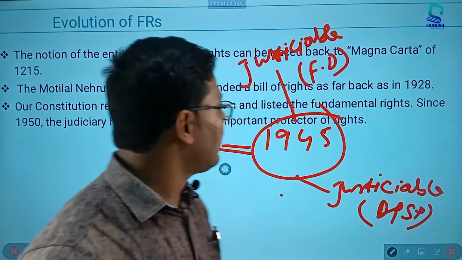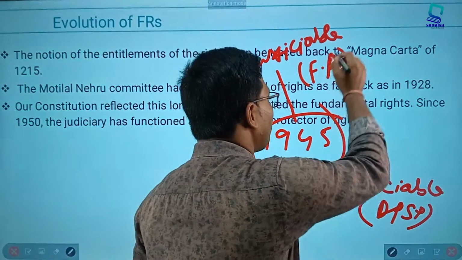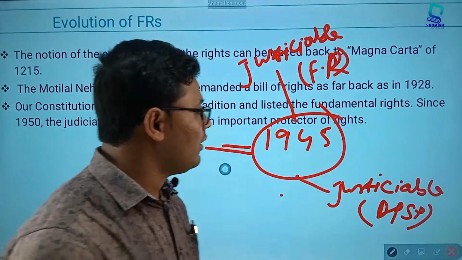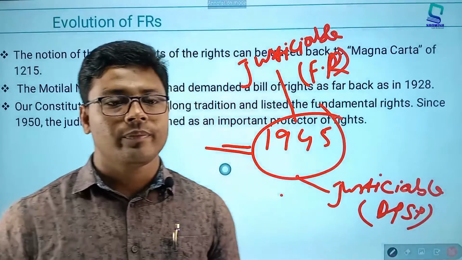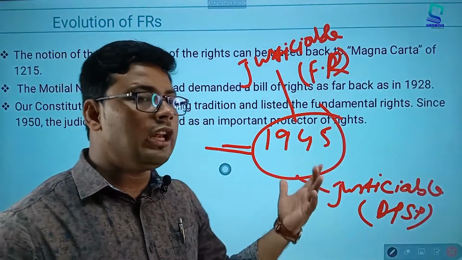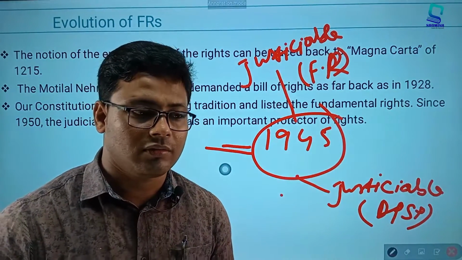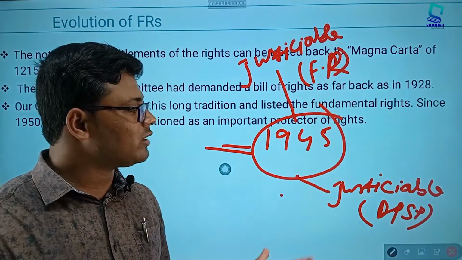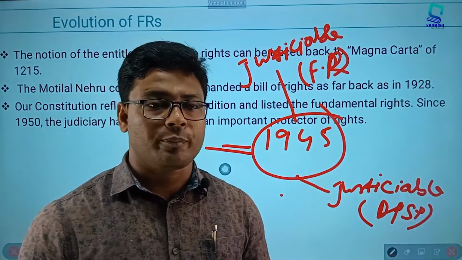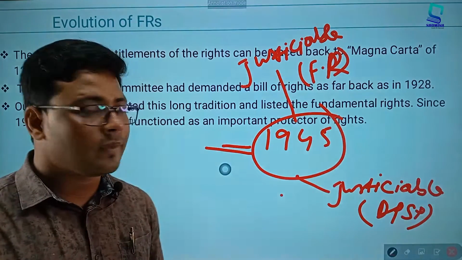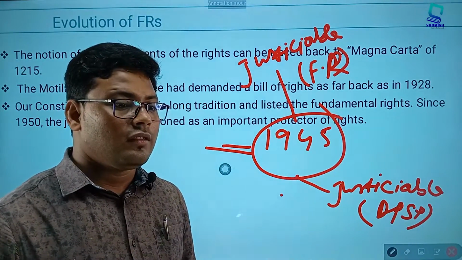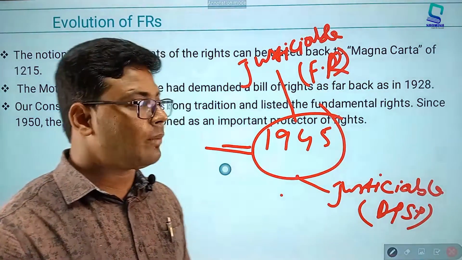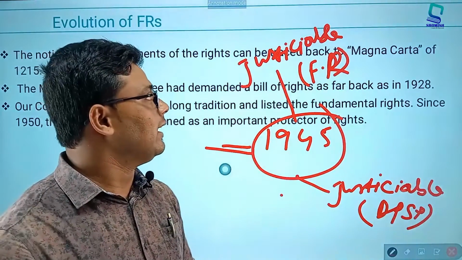So why fundamental rights and DPSP came in India? That is the evolutionary background. Without the Sapru Committee report, that was not possible. Later on, we discuss deeply what about its detail.